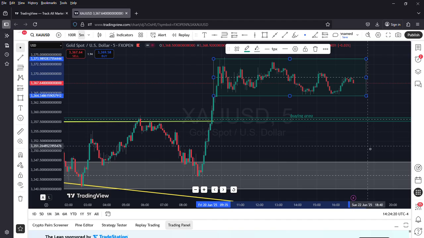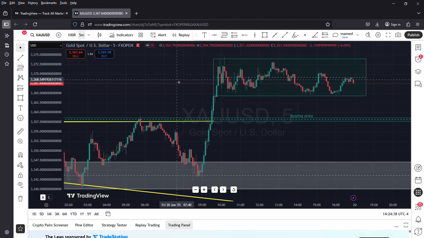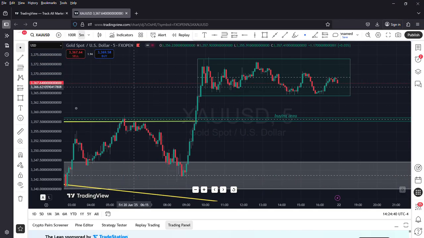So we wait for it to come down to this bullish engulfing candle. That is where we'll be waiting for the market to tap in before we buy to the upside.